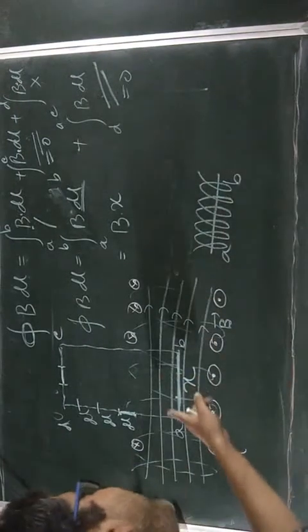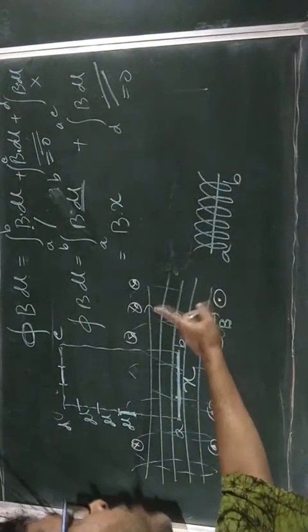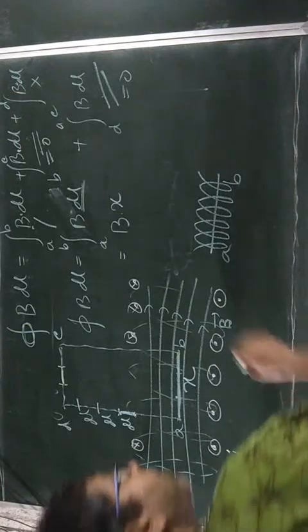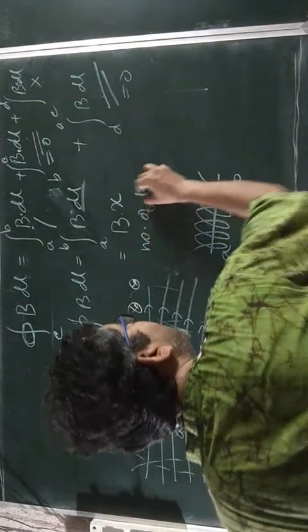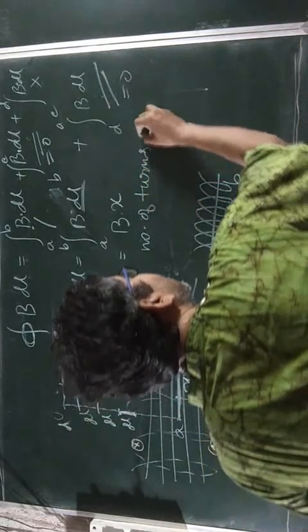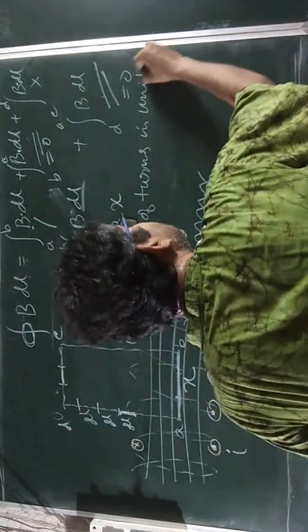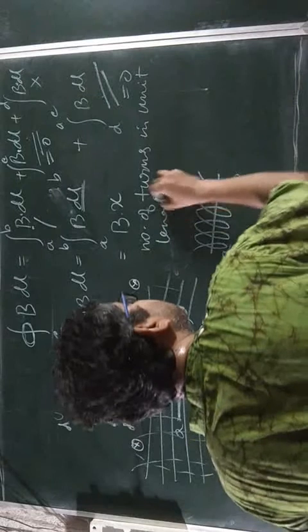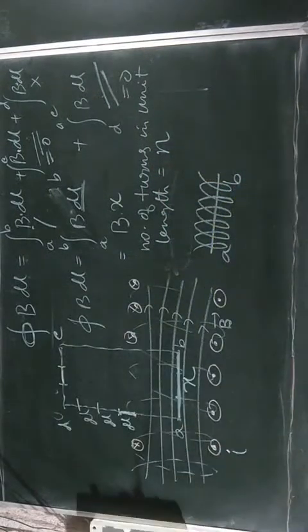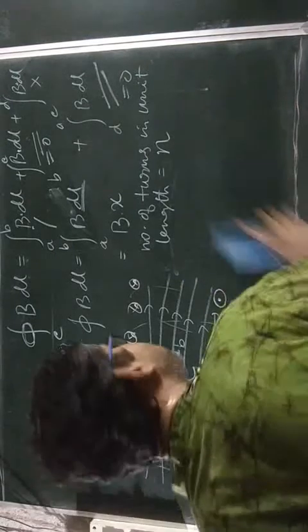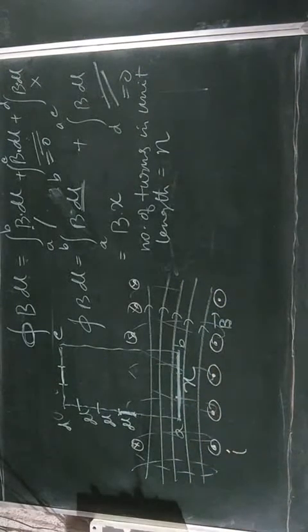Suppose we have taken such a solenoid in which the number of turns in unit length is equal to n. We assume that it is a kind of solenoid, but there are different types of solenoids.